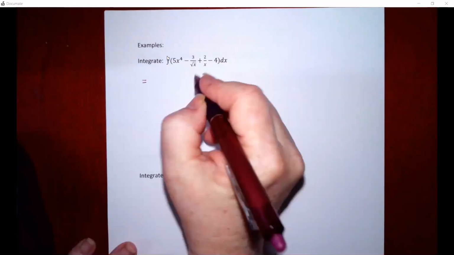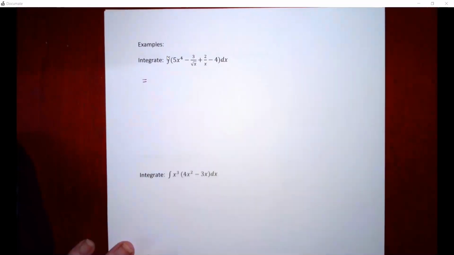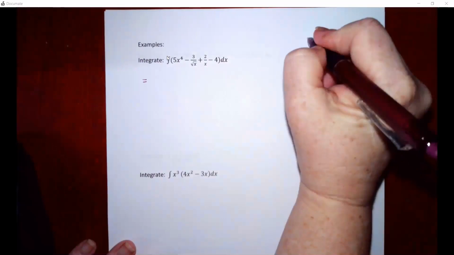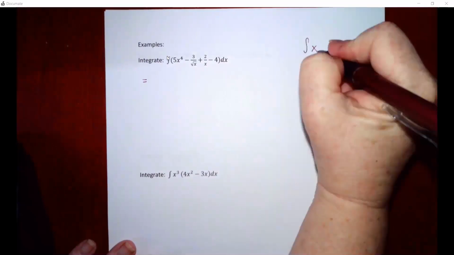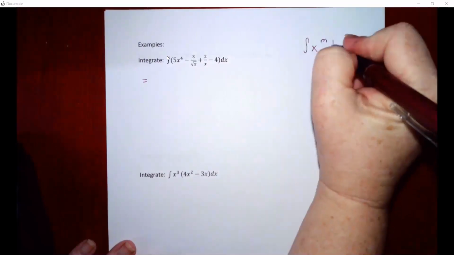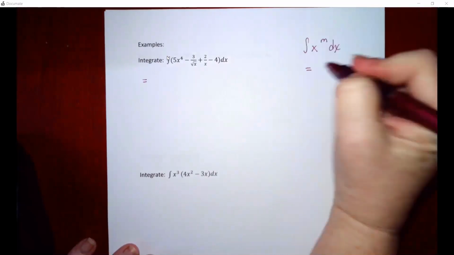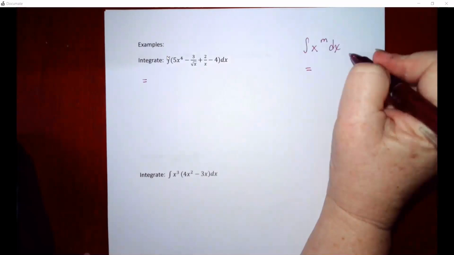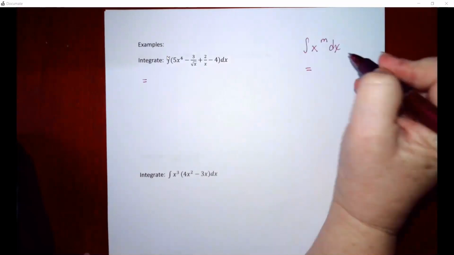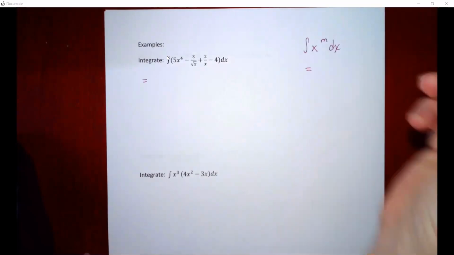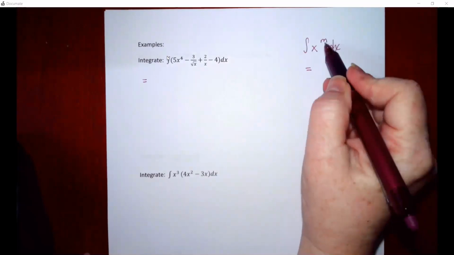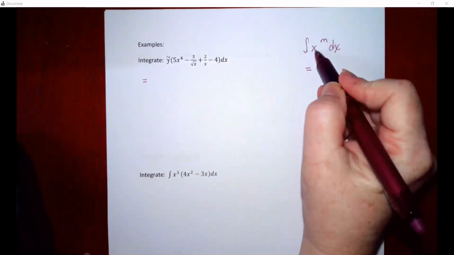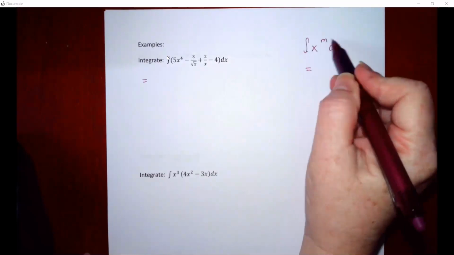Exactly. Instead of writing it as the square root of x, remember our basic integral rule for x to a power is the integral of x to a power dx. And remember, this is the anti-differentiation process. It's the inverse of the differentiation process. If we were taking the derivative, we would multiply by that exponent and then take x to the original exponent minus 1.